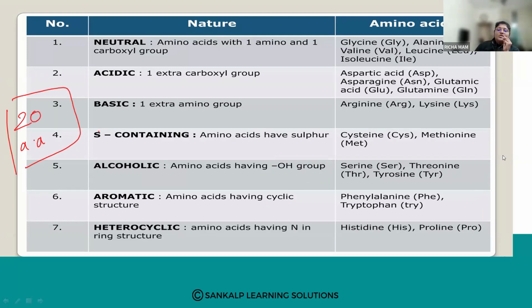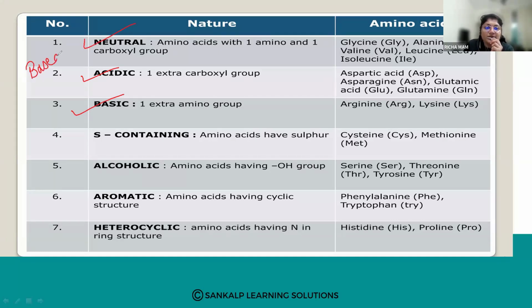As I have discussed, amino acids are classified on the basis of the nature of the amino acid. First, they are classified as acidic, basic, or neutral. Now, what do you mean by neutral?